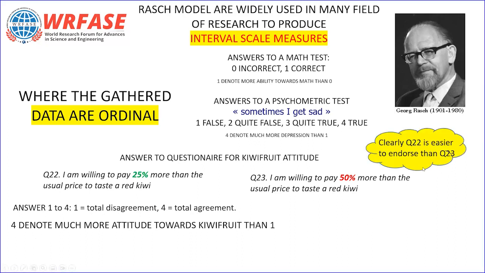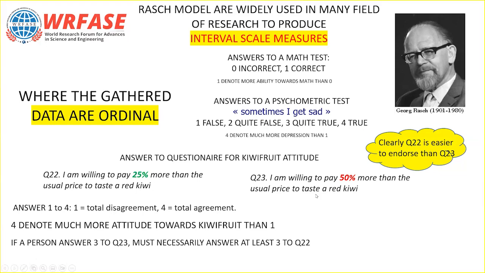And clearly, question Q22 is easier to endorse than question Q23. This means that if a person answers 3 to question 23, they must necessarily answer at least 3 to question 22.